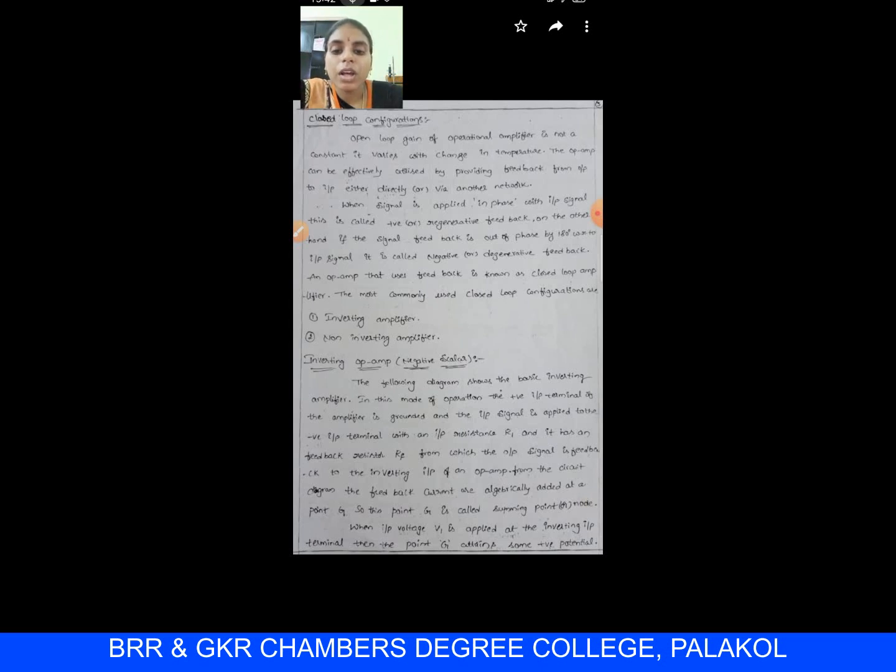First we learn about the inverting op amp, or a negative scalar, because it produces a negative or out of phase signal. The following diagram shows the basic inverting amplifier. In this mode of operation, the positive input terminal of the amplifier is grounded and the input signal is applied to the negative input terminal through an input resistance R1.